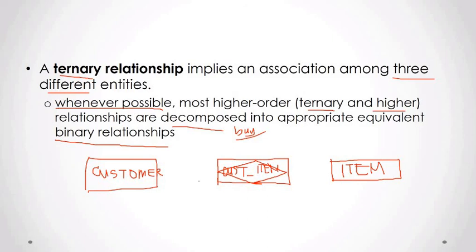Well, if the answer is yes, then it becomes binary, only between customer and item. So in that case, that's probably a self-service grocery. But in many situations, you cannot buy by yourself, but you have to buy an item from someone else.